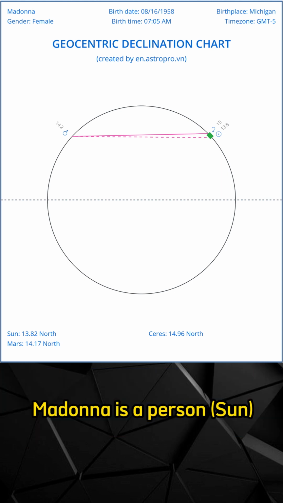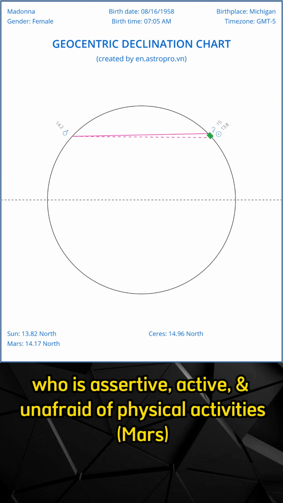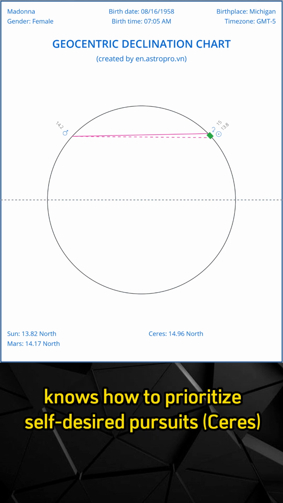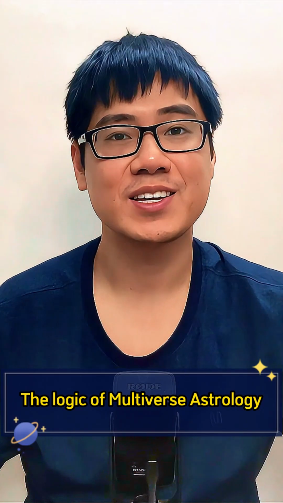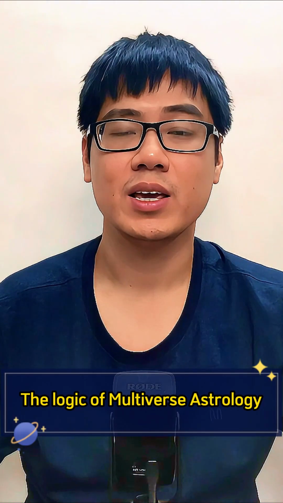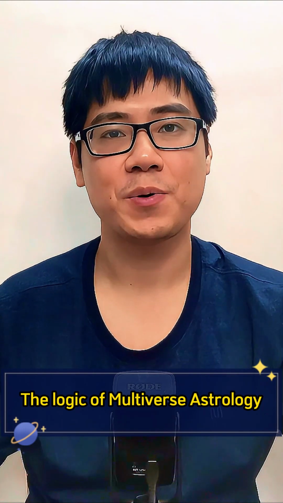For example, Madonna is a person from Sun, who is assertive, active, and unafraid of physical activities from Mars, and knows how to prioritize self-desire pursuits from Ceres.